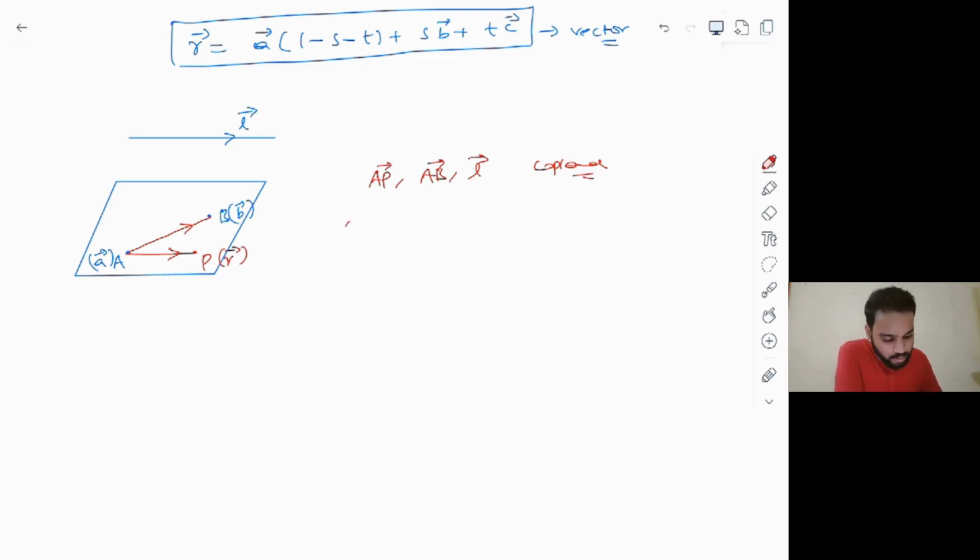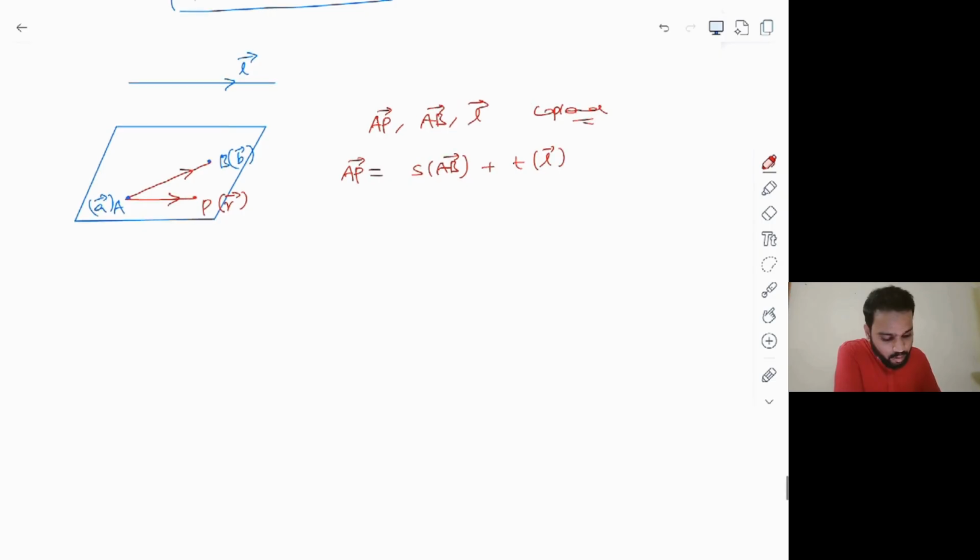Now once again I'm going to use the same logic here. So finally AP bar is equal to S into AB bar plus T into L bar. And we know how to resolve this into position vectors, right? AP bar is nothing but R bar minus A bar, which is equal to S into AB bar, which is B bar minus A bar, plus T into L bar.